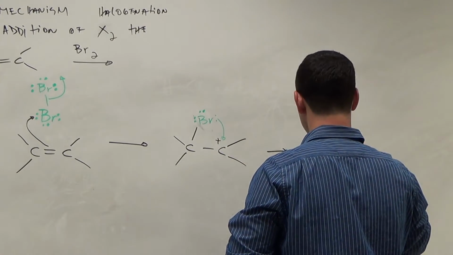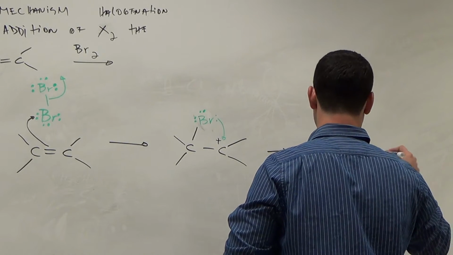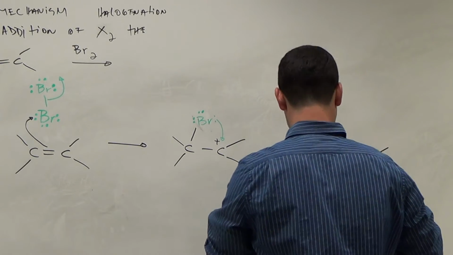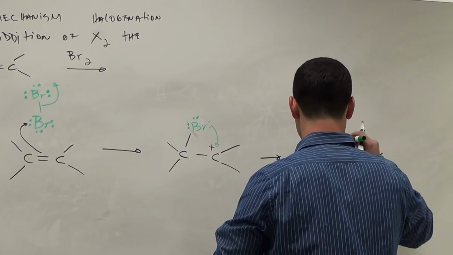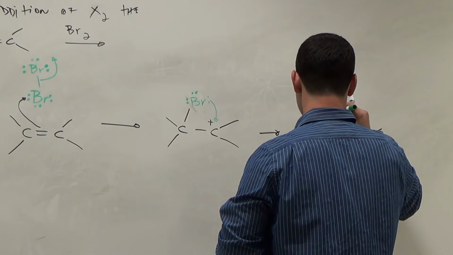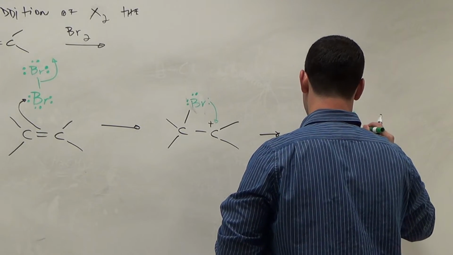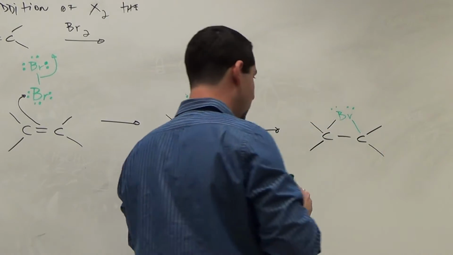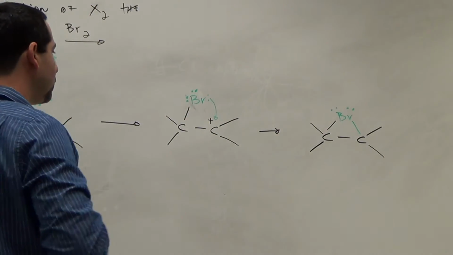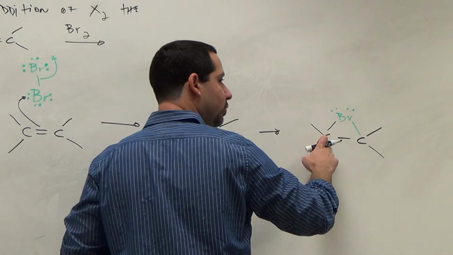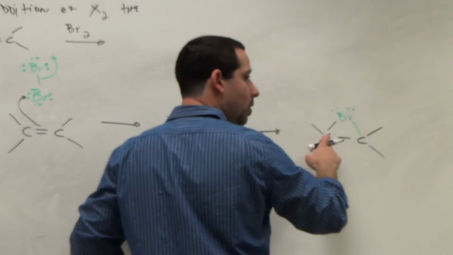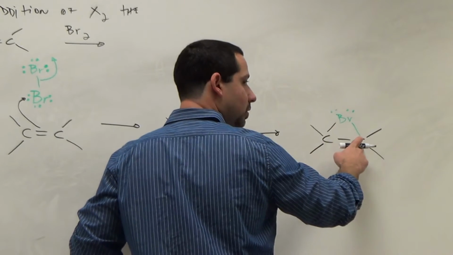So this is going to look like this, yes? Now what are the formal charges on this carbon? Formal charge on this carbon? 0. Neutral. This carbon, 0.